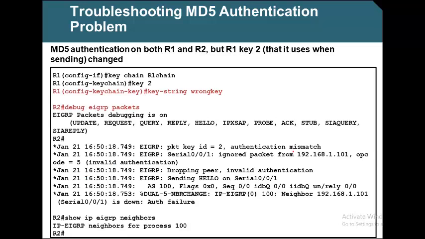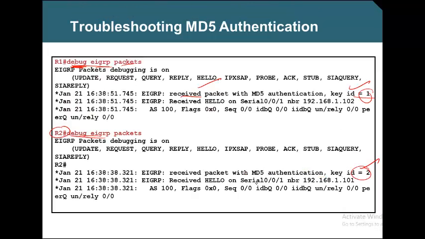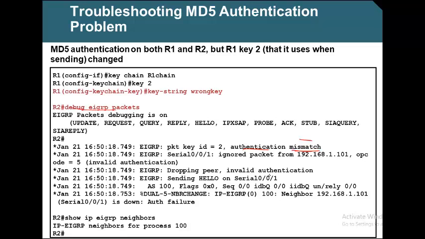Then that same debug command will show you something like authentication mismatch. In the previous case, you did not see that word. But here you see authentication mismatch or invalid authentication dropping. So one single command you need to know to troubleshoot an EIGRP authentication problem is debug EIGRP packet.